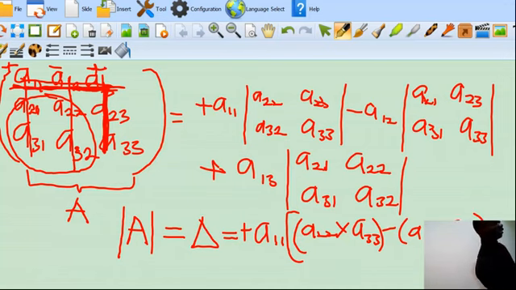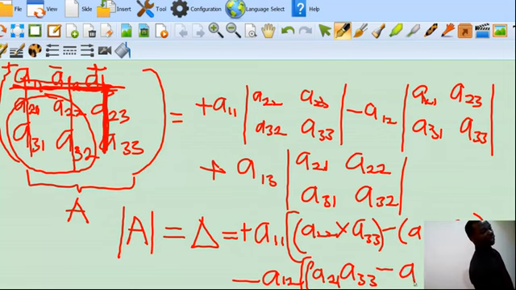Do not forget the sign: minus A12 into bracket A21 A33 minus A31 A23.